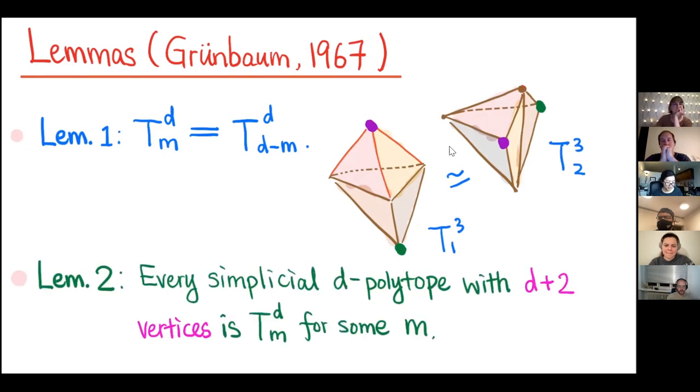Lemma 2 says that, in fact, every simplicial d-polytope with exactly d plus 2 vertices is one of these. So this construction will give you all possible simplicial ones with d plus 2 vertices.